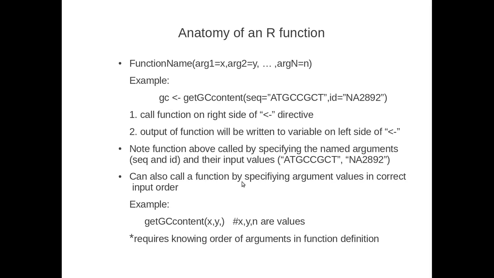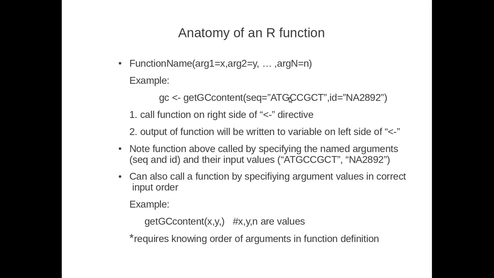Another way to call a function in R, which is pretty typical, is to specify the function arguments in order. Sorry, I've used X and Y here. I should just put ATGCT, whatever the sequence is, ATGCCGCT here in place of X, and the sample name in place of Y. And if you went to help and saw that this was the order of arguments, then you don't need to specify seq equals or ID equals.